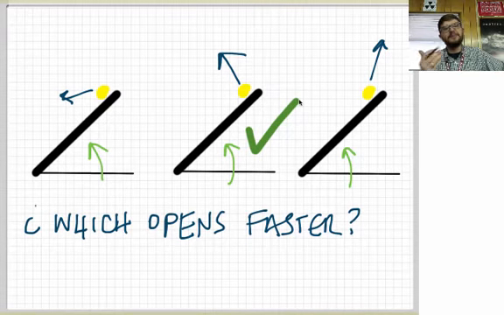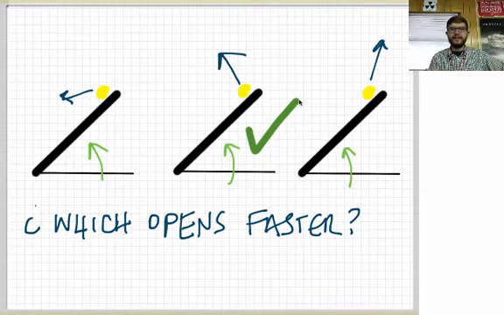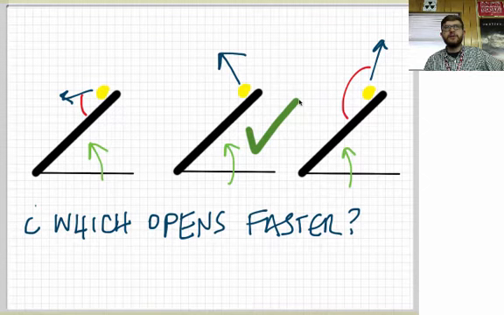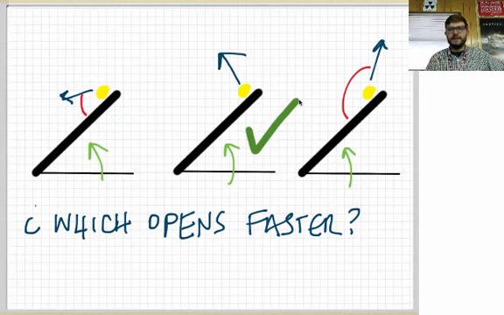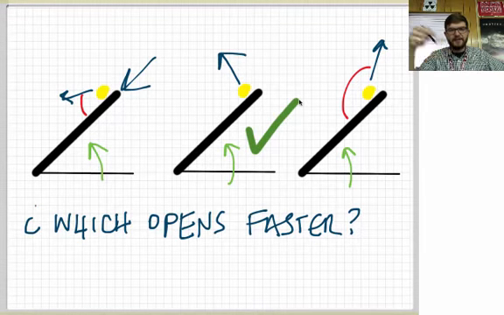You get the most bang for your buck as far as how far you're pulling, because with these other two, because of the angles at which you're pulling them, you are either pulling towards the door or away from the door, which isn't actually going to open it. You could push on the edge of the door from this angle and it wouldn't do anything.